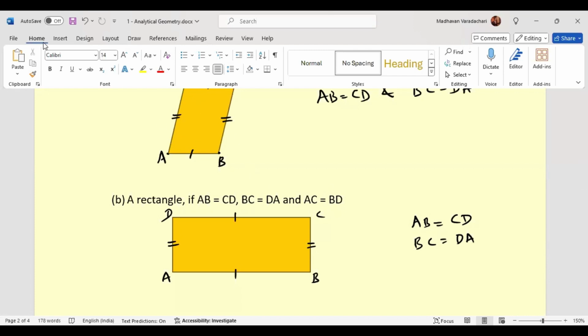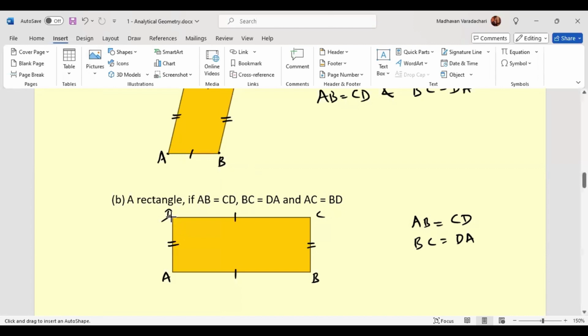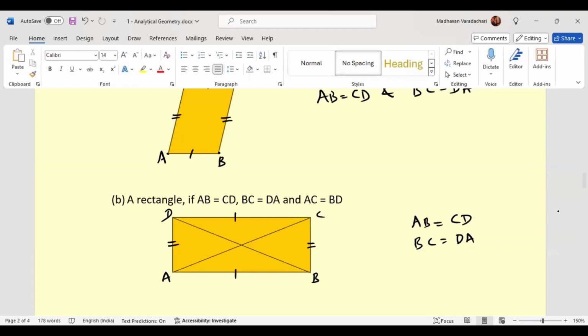We also know the diagonals are also equal. So even this one is the same as this one. AC is the same as BD. So that is what here it says.